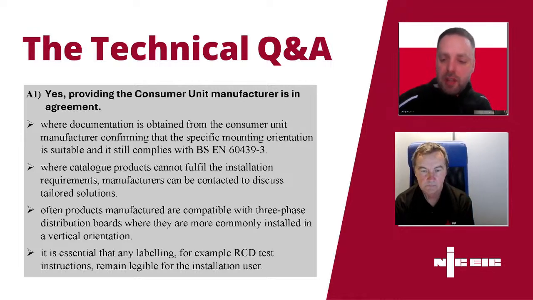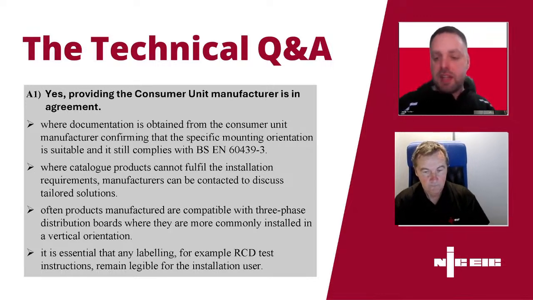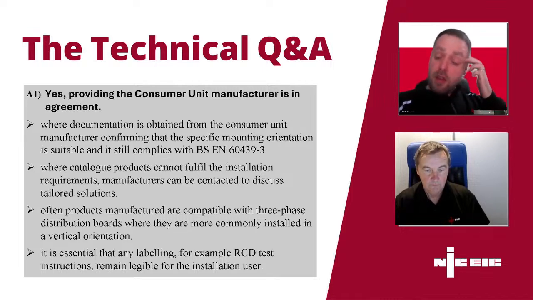Because when we think about three-phase distribution boards, for example, and the orientation of the protective devices, MCBs, RCBOs, if you put the standard domestic consumer unit on its side, the axial orientation would then be the same, but it's just confirming it for that particular assembly.